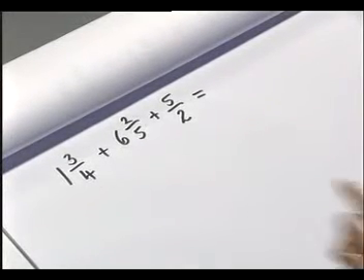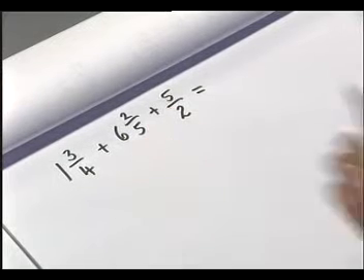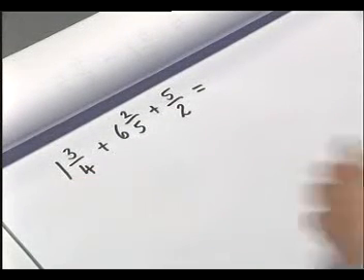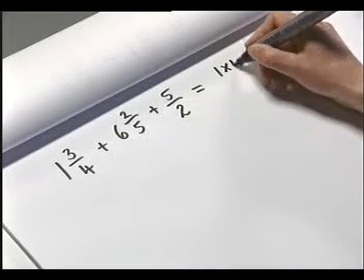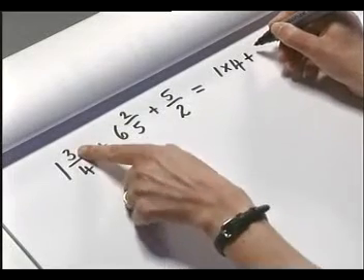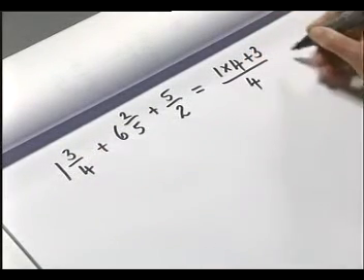Well, as before, the first thing we need to do is to turn these mixed fractions into improper ones. Here we have 1 whole one. We need to turn it into quarters, so we multiply by 4 and we add the 3. That's how many quarters we have.